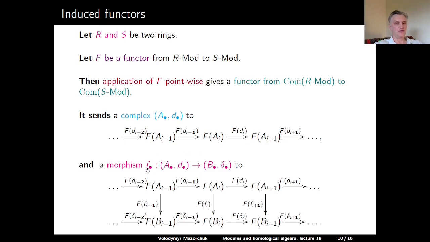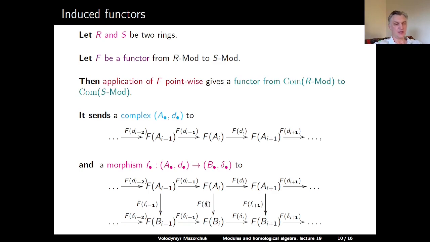Furthermore, a morphism f from A to B is sent by our functor F to the following diagram. So we have the complex F of A and the complex F of B, and now we apply our functor capital F to each little f_{i-1}, little f_i, little f_{i+1}. So these are morphisms.